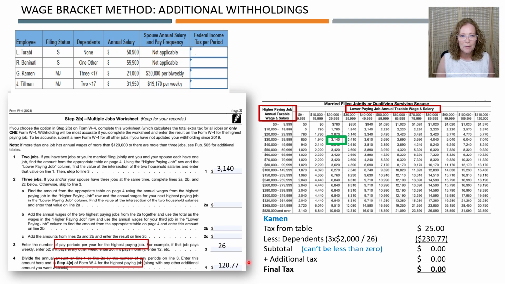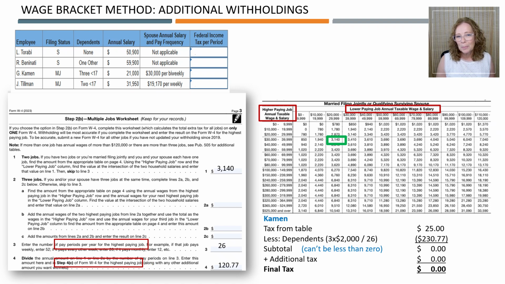On line 4, we divide 3,140 by 26 and enter the result of $120.77. Since G. Kamen is the spouse with a lower paying job, the amount is not added to their federal withholdings because line 4 indicates that the amount is entered for the highest paying job.